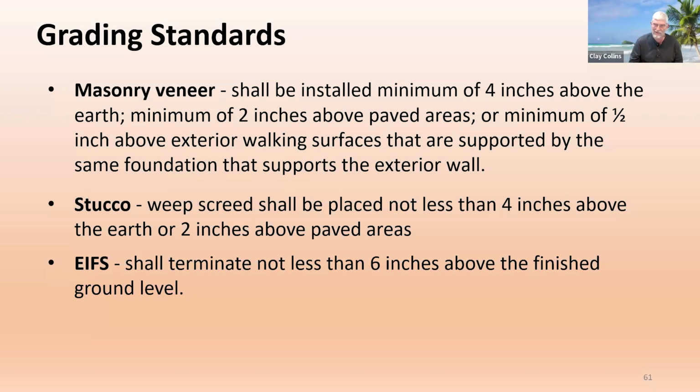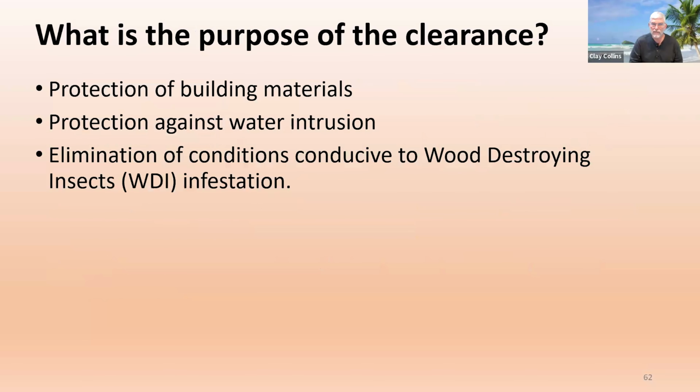So what's the purpose of having all that good clearance? You've got to protect the building materials, protect against water intrusion, and you try to eliminate the conditions that are conducive to WDI infestation. If you have high soil in contact with materials, that material is going to deteriorate. If you have high soils, especially in conjunction with poor drainage, you're going to have water that comes through.